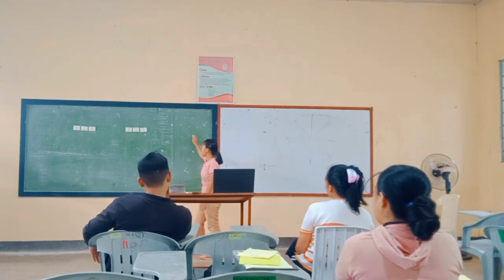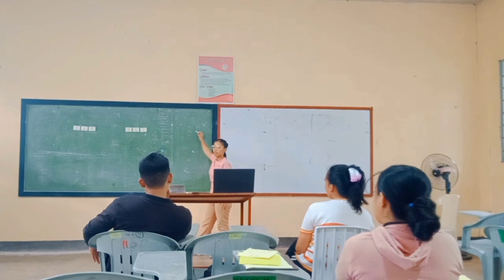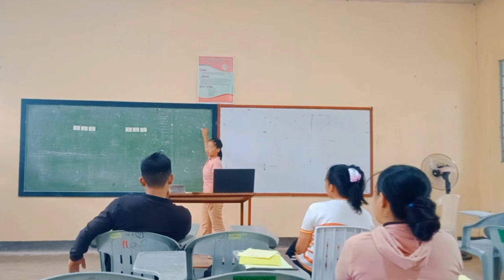Who can give some multiples of 5? Okay, 5. What's next to 5? 10. Next to 10? 15, 20, 25, and so on.